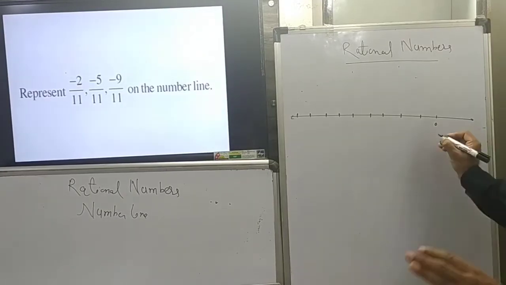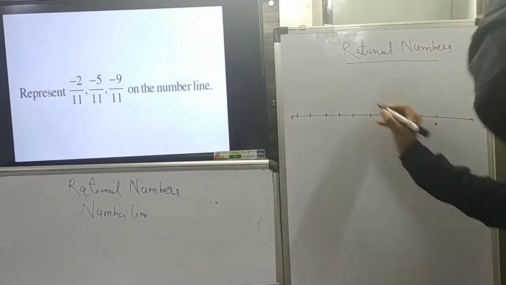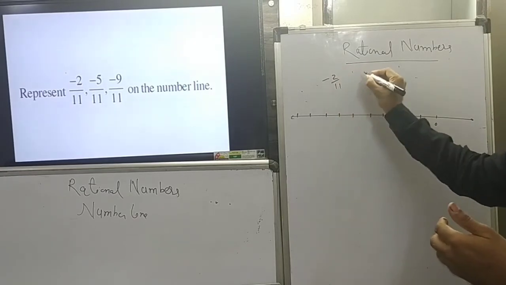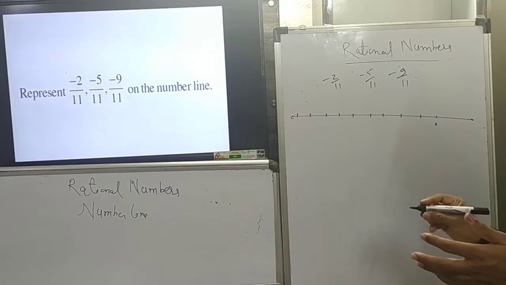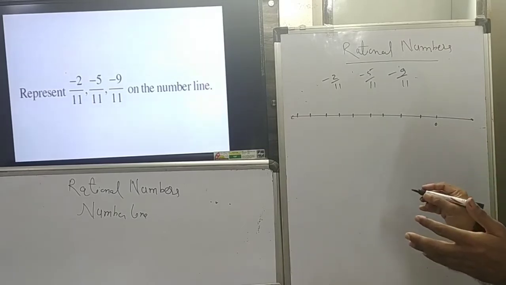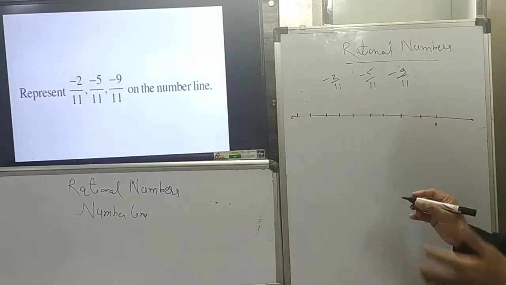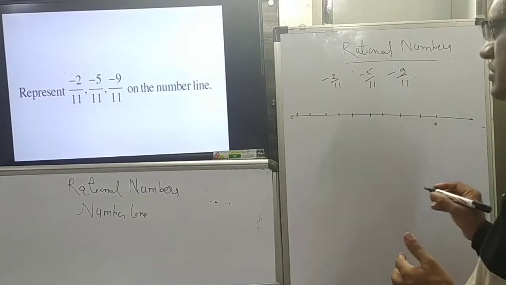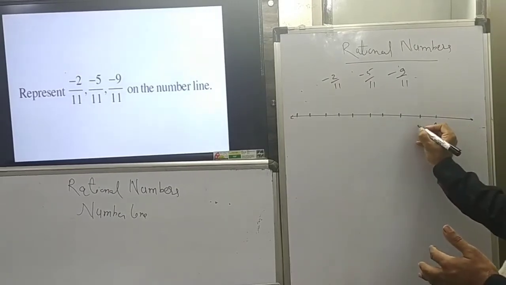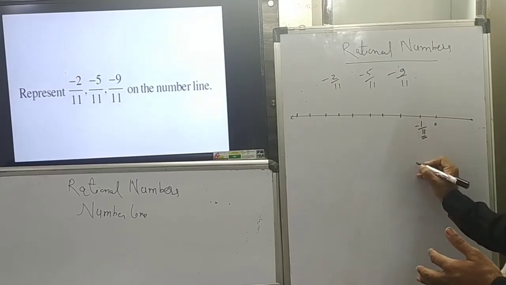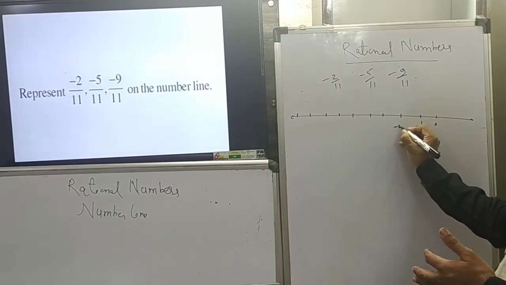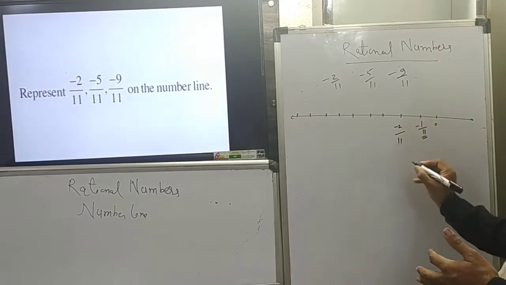Now how to represent minus 2 by 11, minus 5 by 11, and minus 9 by 11? Very easy thing. Minus means it is before 0, on the left hand side of 0. So this is 0, this represents minus 1 by 11. The first part represents minus 1 by 11. This second part represents minus 2 by 11.